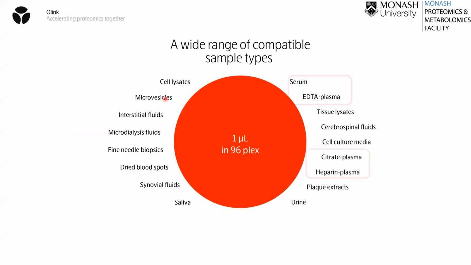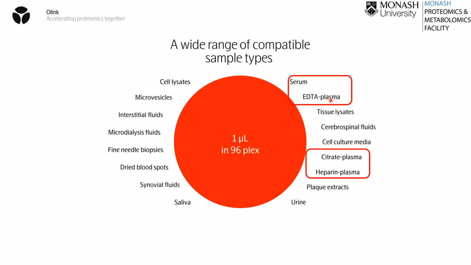Although Olink has been designed primarily to study plasma or serum samples, this technology can be extended to study other sample types, like cell lysate or tissue lysate, which I think most of us here will be working with.